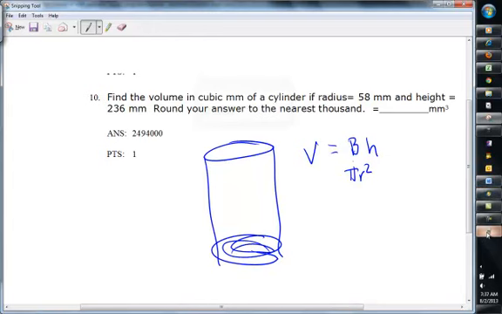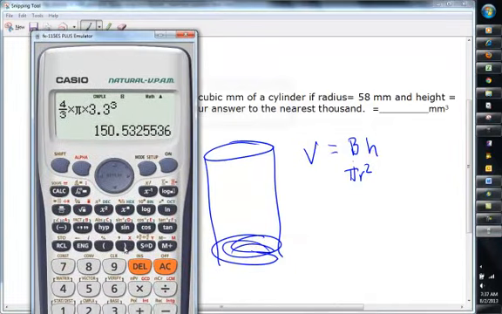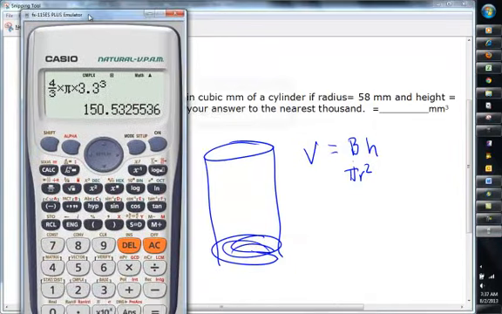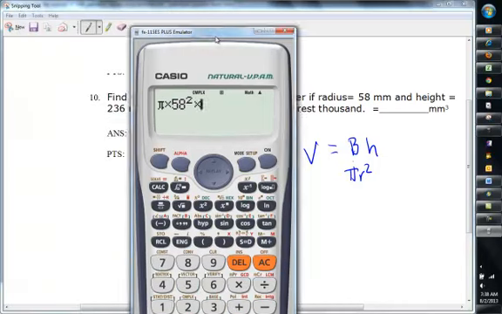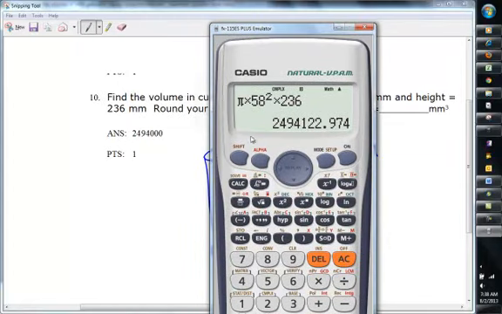So on our calculator, we would take pi times radius 58 squared times the height, which is 236, and we get 24,94122.